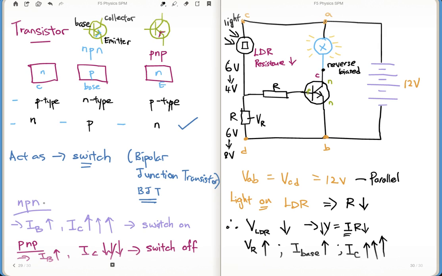Now, in the event when you have base current increase, you may regard it as you have more electrons flowing out here.